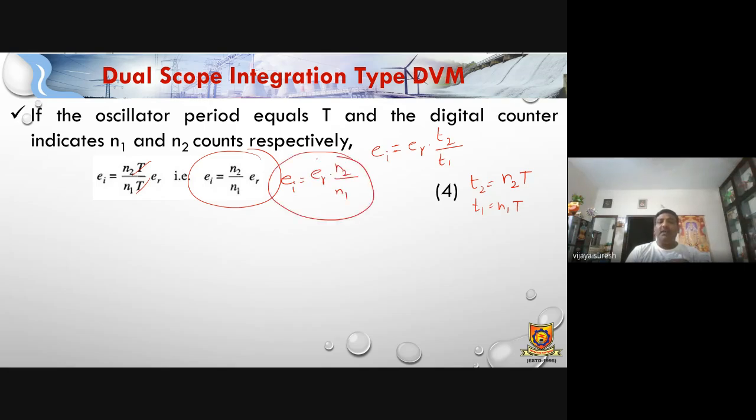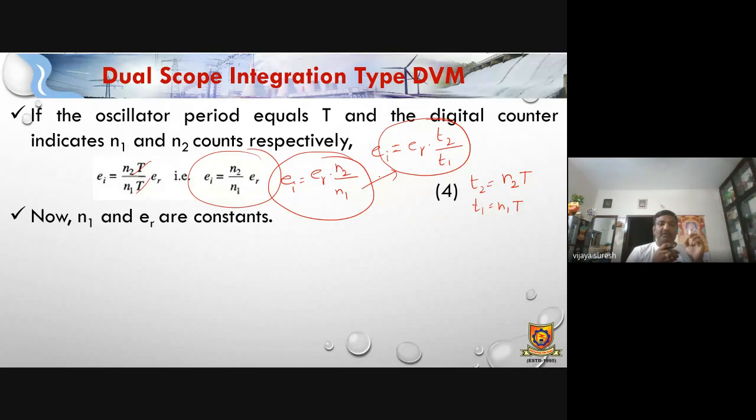So the same formula: one is in terms of time, this is in terms of number of pulses. That's the expression we are going to use. N1 and Er are constant. Why? Er is the reference voltage, and to reach that voltage N1 number of pulses will be generated.